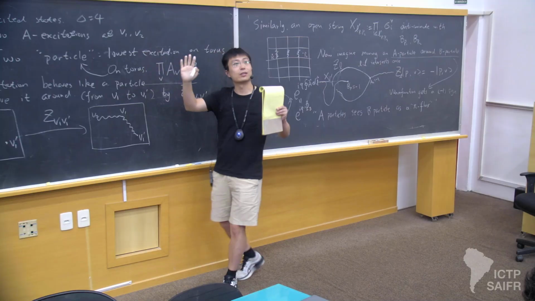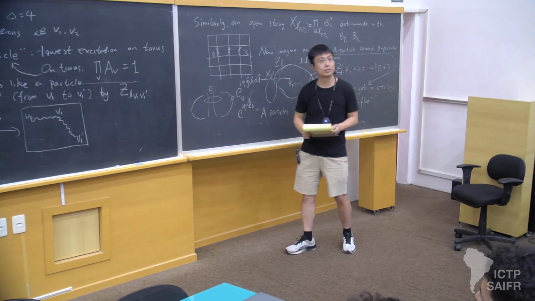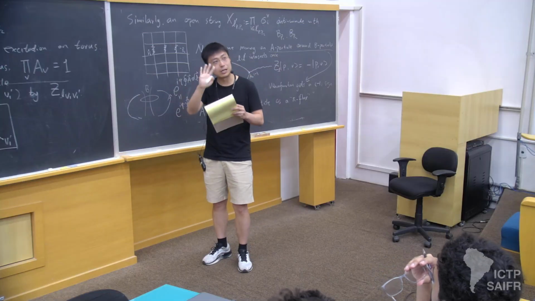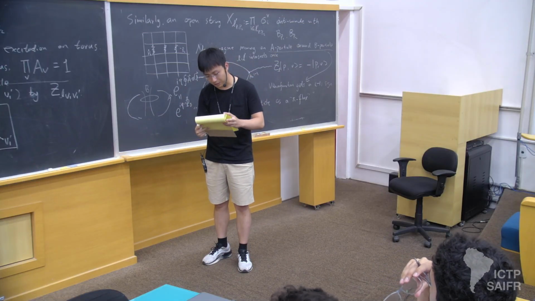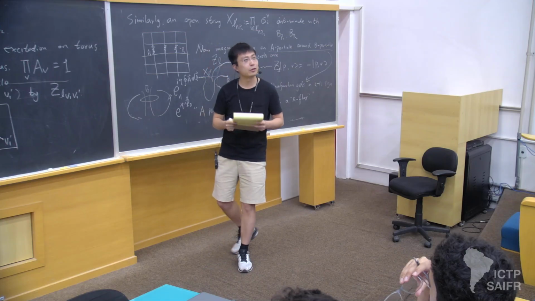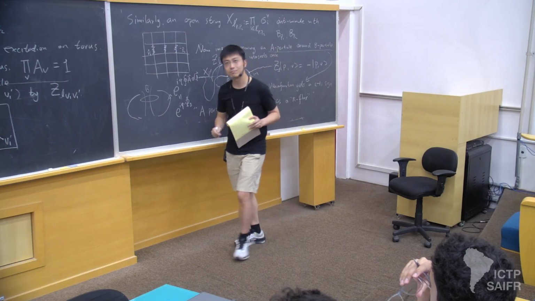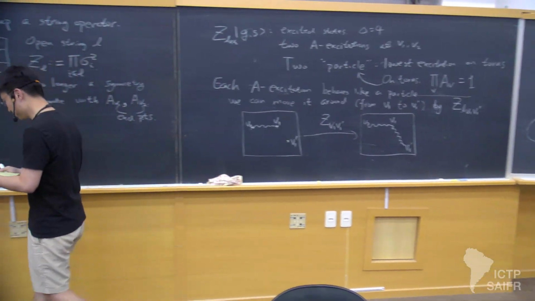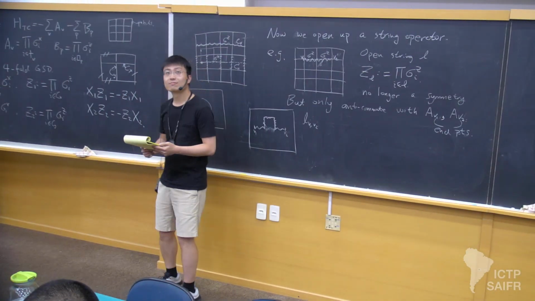So everything has a very close analogy to E&M. But I'm not going to say too much more about that. I'm not assuming a background in quantum field theory. But feel free to ask anything.